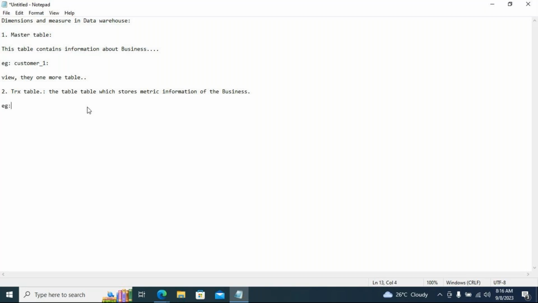The measures which have the data types integers, floats, floating numbers. Those all will be metrics. So what is the use of this? To analyze business performance. They usually get this data from the transaction tables.